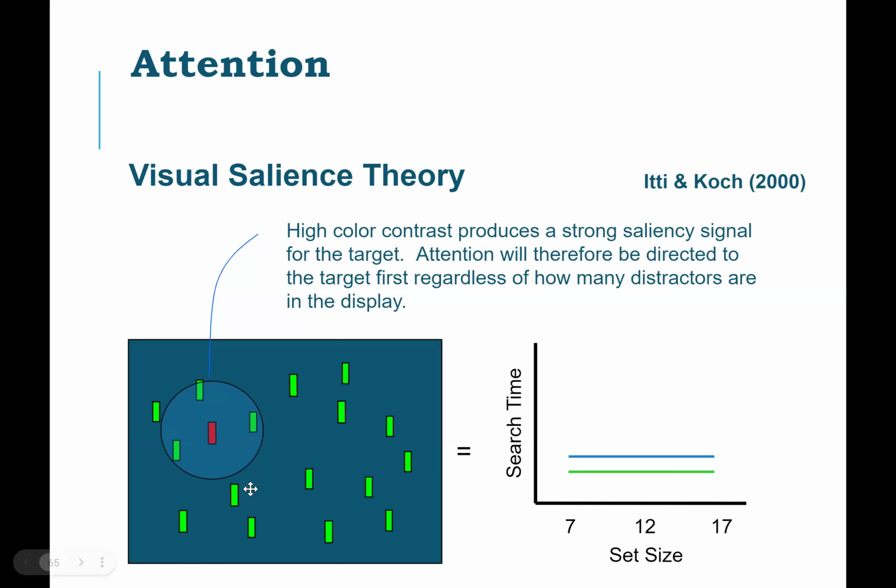So if you add more objects, what's going to happen to the saliency of the red object? If there are more green objects, it's going to become even more salient. Some people have shown that there is an opposite effect here: when you have more distractors, searches can even become faster.